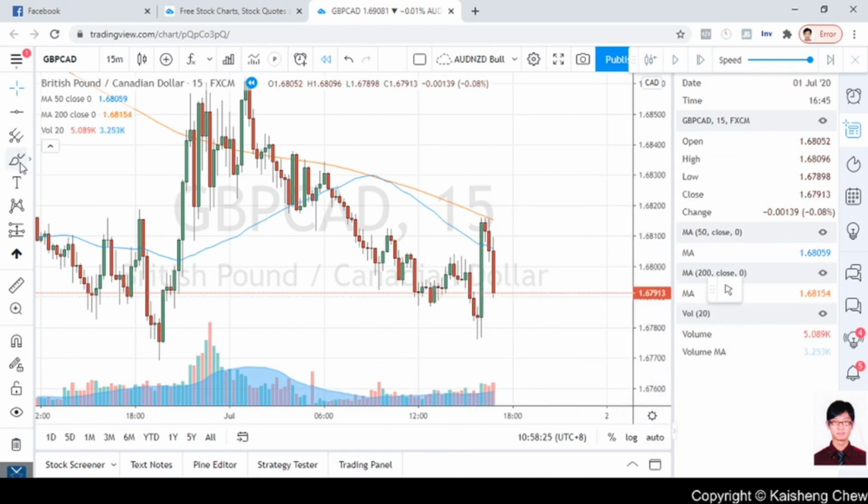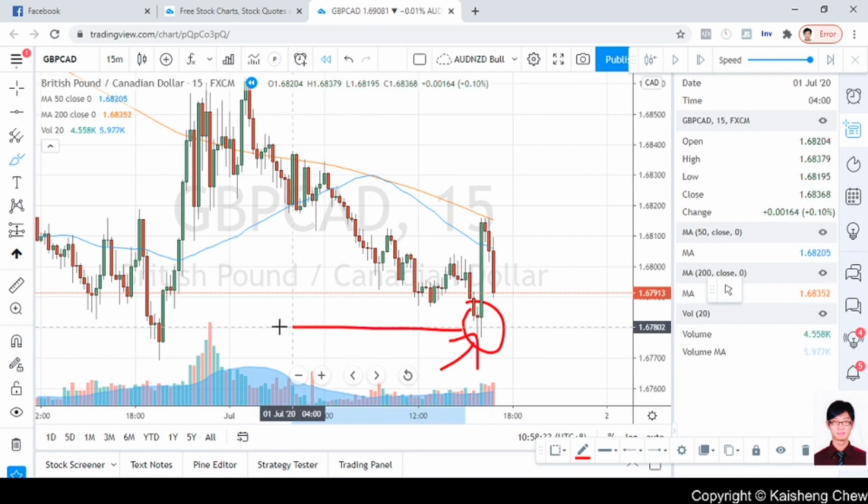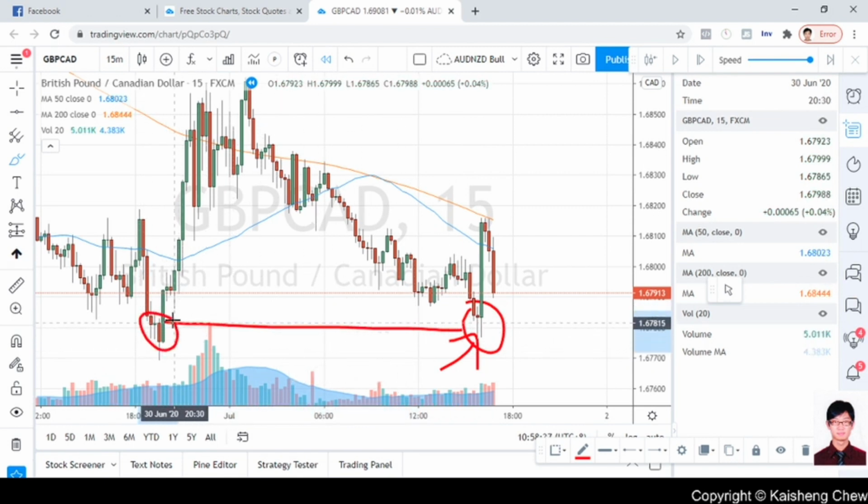Okay, you can see there's a pin bar right here with a wick. It's got some rejection over here. Then you look to the left, it's confront with this level, okay, which is the same level, that problematic area.